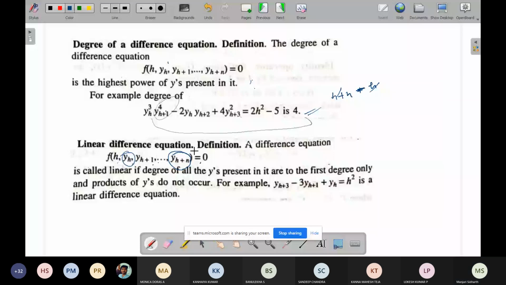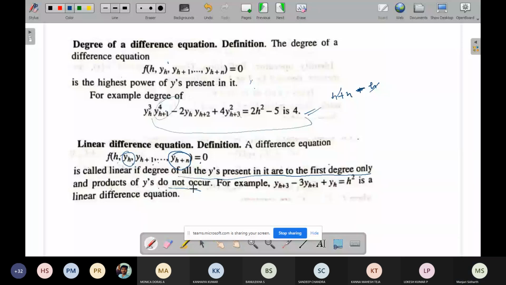Here it is called linear if the degree of all the y present in it is first degree only. If they are present in first degree, every term is first power, and products of y do not occur. First, each power will be 1, and there should not be a product of y.